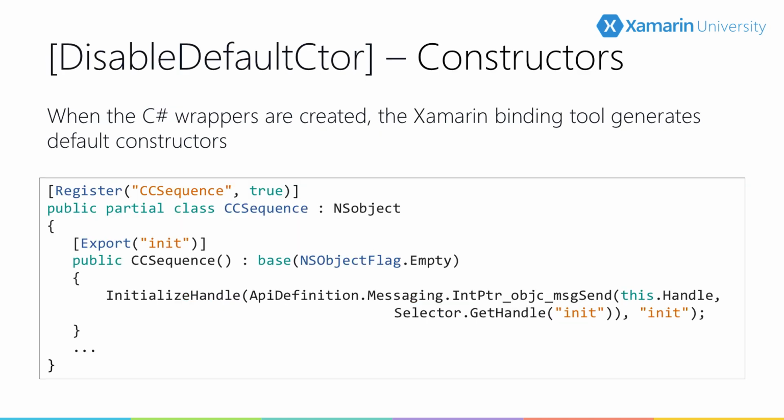The last scenario I would like to discuss surrounding the verification process is constructors. A common pattern from Apple starting with iOS 8 is missing default constructors. The Xamarin binding tool always generates a default constructor and needs to be explicitly told not to emit a constructor where it is required.